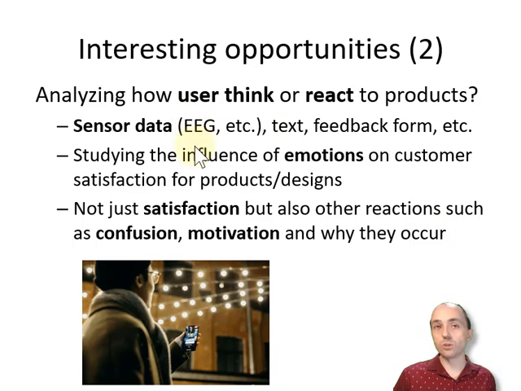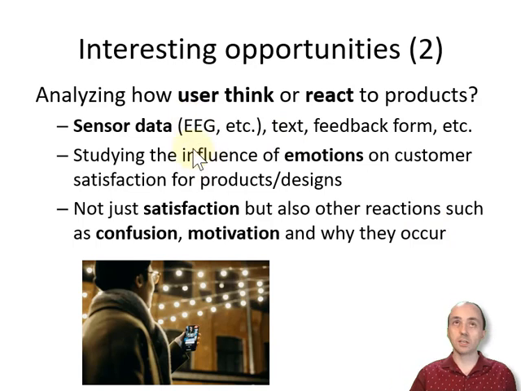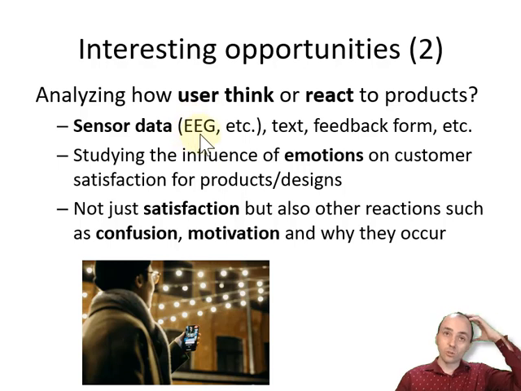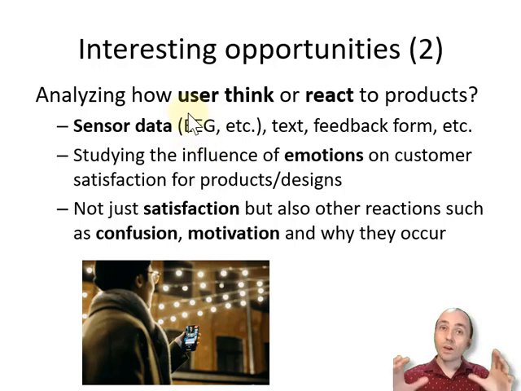Another opportunity that is very interesting is to analyze what the user thinks or how they react to the product. Here we can use a lot of technologies. We can use sensor data, like EEG, which is for the brain, to see the brain signals.